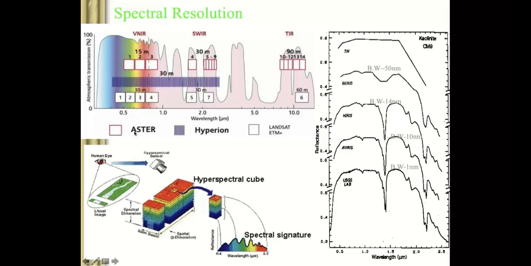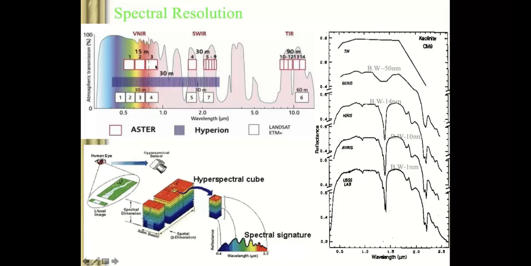But if you see ASTER, we have around 14 bands. So there is an improvement in spectral resolution from 7 spectral bands. We have 14 now: 3 in near infrared and visible, 4 and 5 to 9 in shortwave infrared, and then in thermal infrared we have 10 to 14.